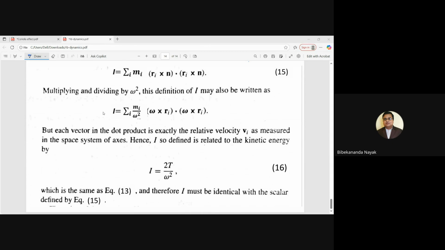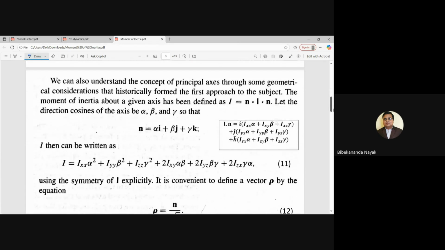Next thing is how we calculate the moment of inertia. Suppose we know I is equal to n cap I n cap, where n cap is the unit vector along the direction of the axis of rotation.